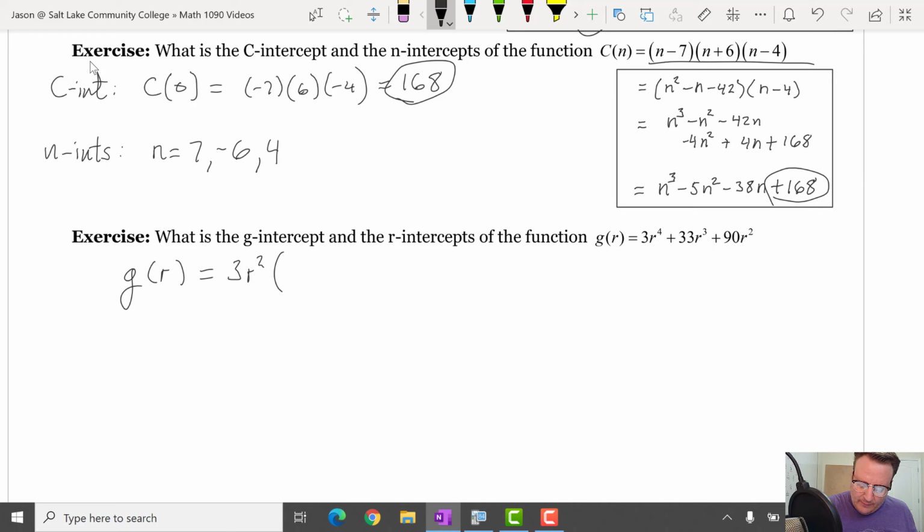And then I'm going to have r squared plus 11r plus 30. Does that quadratic trinomial factor further? I think it does. It factors to r plus 5 times r plus 6.